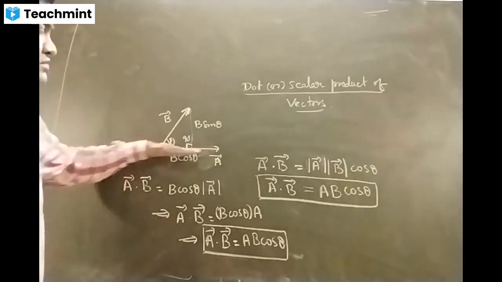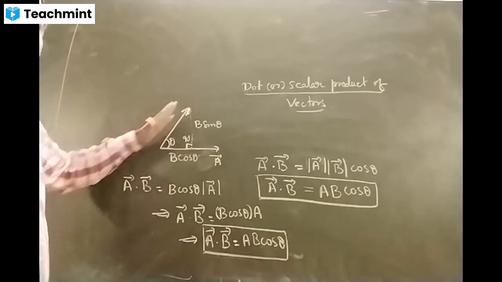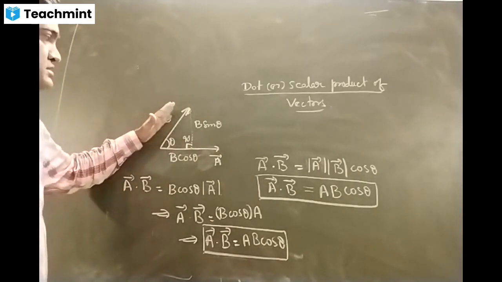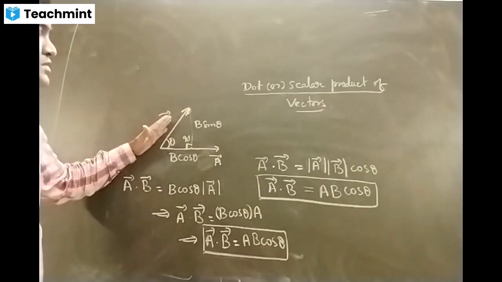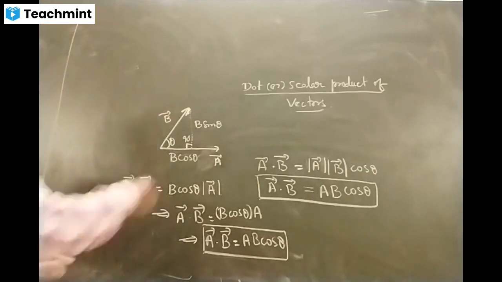This is vector A bar, and this one is vector B bar. So B bar is resolved into components. And how to resolve a vector, as you know very well, I will show you again.